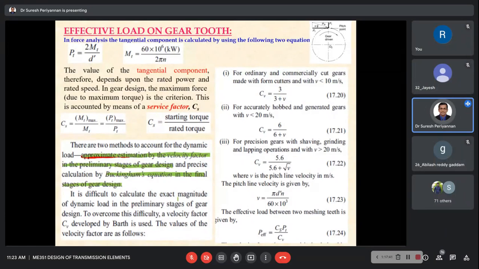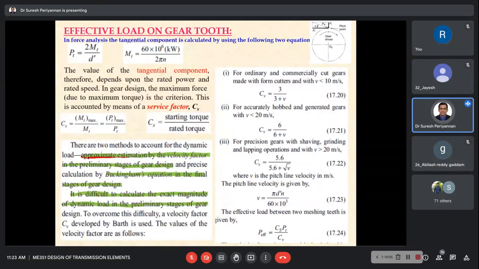It is difficult to measure or evaluate the exact magnitude of dynamic load in the preliminary stage. Actually, in gear design, it is very difficult to evaluate the exact magnitude of the dynamic load in the preliminary stage of gear design.